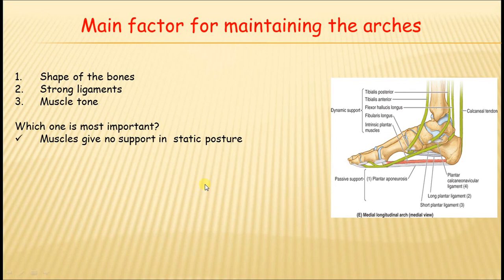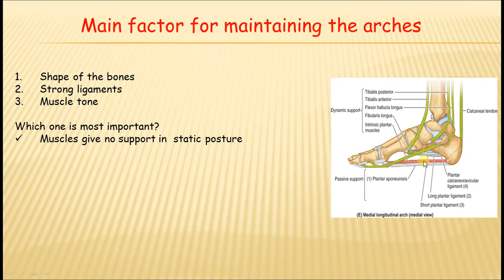When you are standing and weight bearing is taking place, it is the plantar aponeurosis and the plantar ligaments which actually support your arch. The muscles mainly come into action when you are walking.